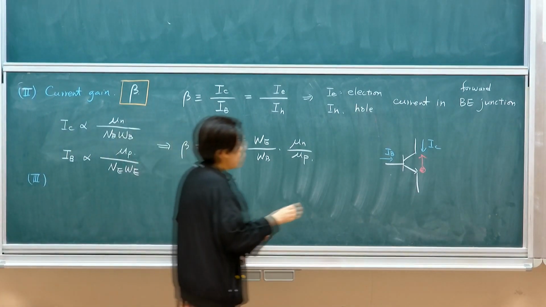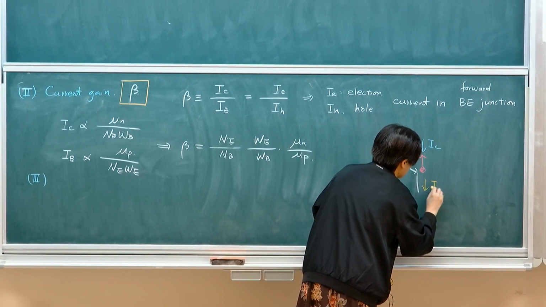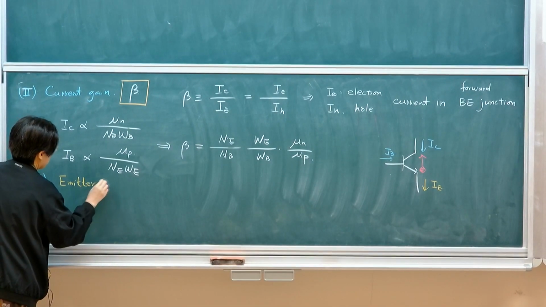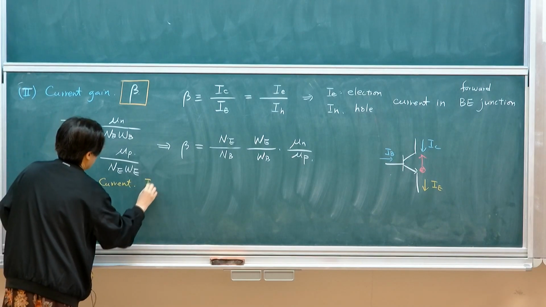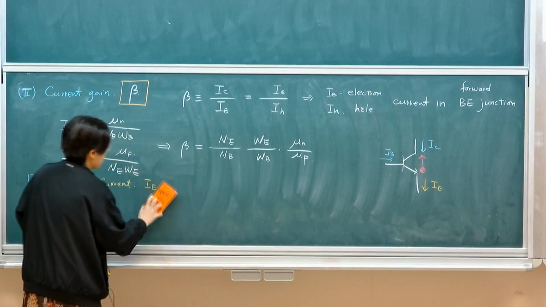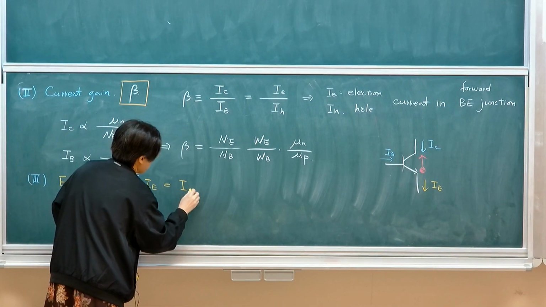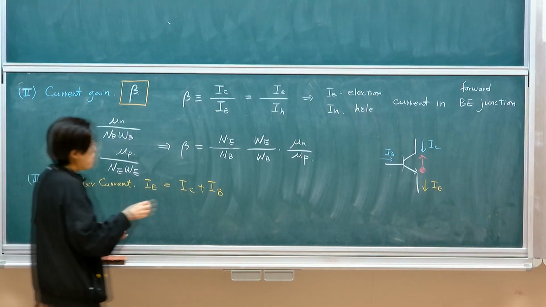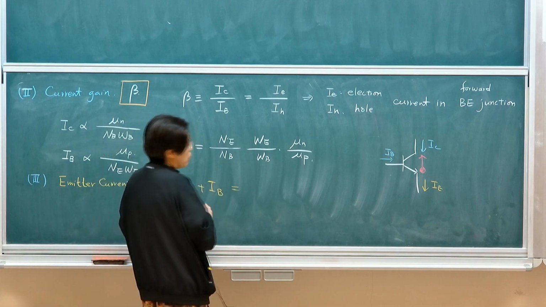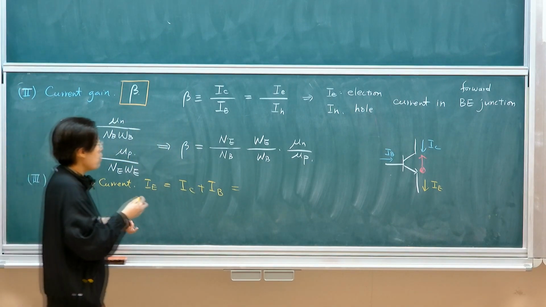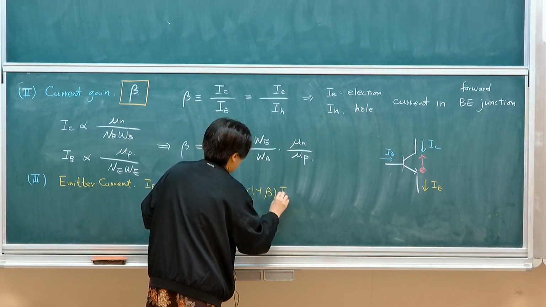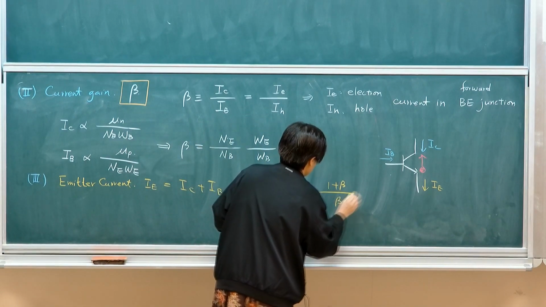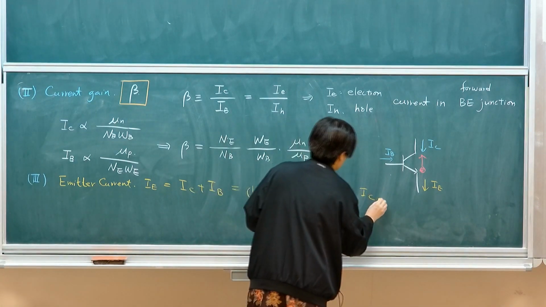Therefore, based on KCL, we should know that this current, your emitter current, should be the total diode current. So emitter current IE is equal to the electron current, collector current, plus the hole current, base current. Okay? So this is very simple. There are various ways of finding the emitter current, which is (1 plus beta) IB, or in terms of collector current, (1 plus beta) over beta times IC.